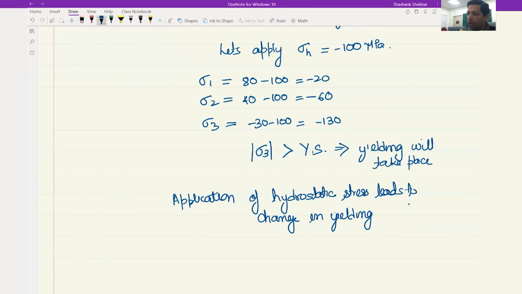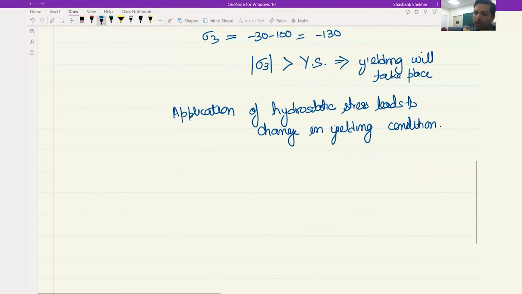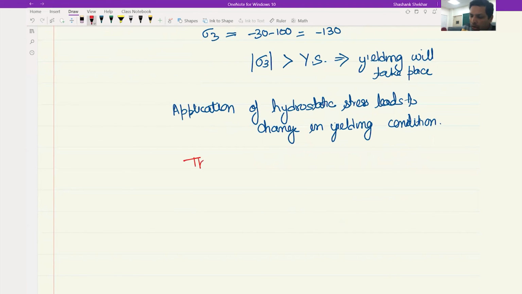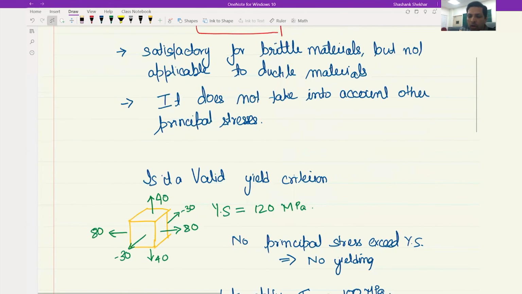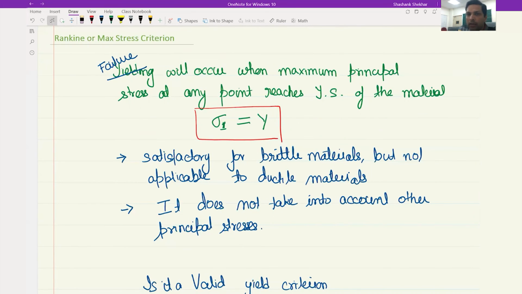This is something that we had clearly mentioned should not happen for a valid yield criterion, which means that this is not a valid yield criterion. And like I mentioned earlier, this is actually not even used as a yield criterion, it is used as a failure criterion.